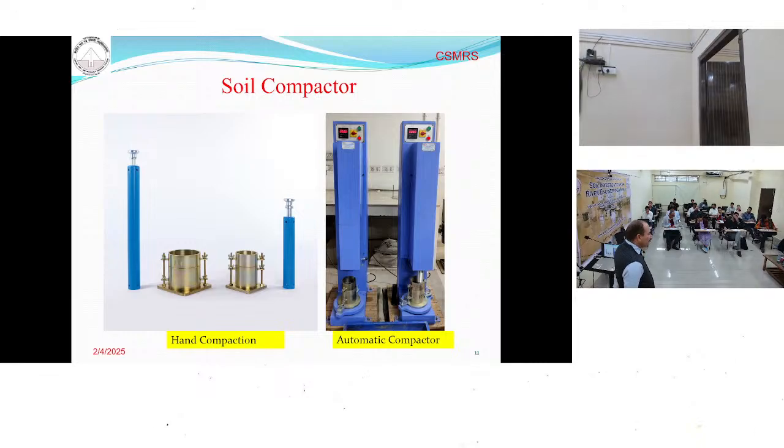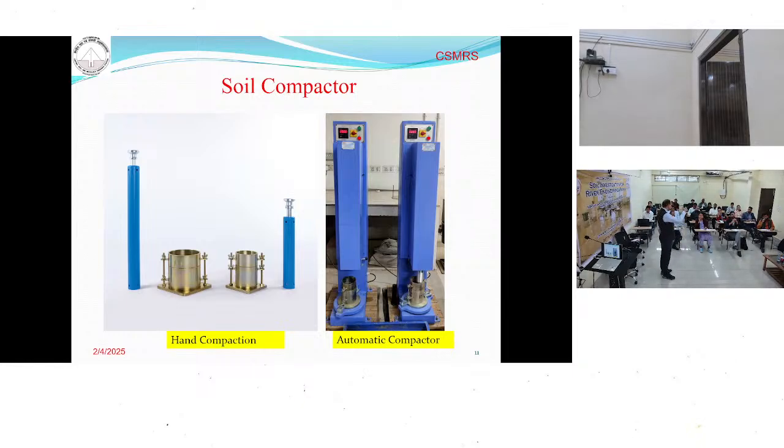These are the machines which are used for the compaction process. One is the hand compactor, the other is the machine compactor. On the left side you can see a hand compactor.